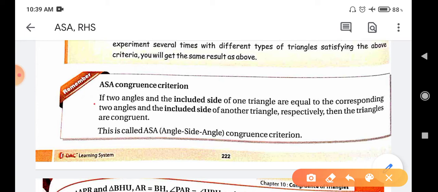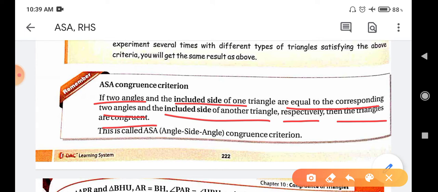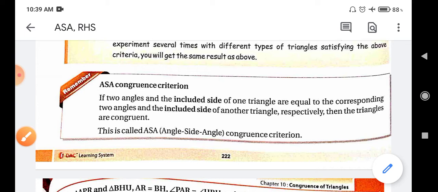If two angles and the included side of one triangle are equal to the corresponding two angles and the included side of another triangle respectively, then these triangles are said to be congruent.